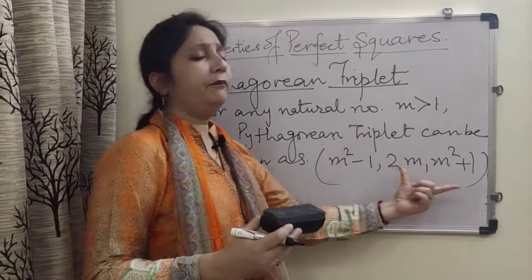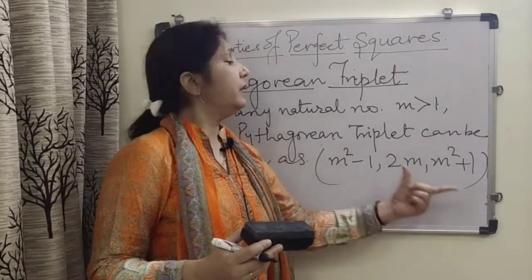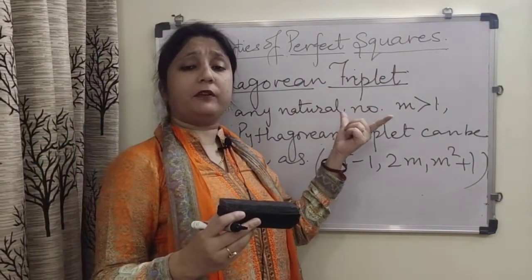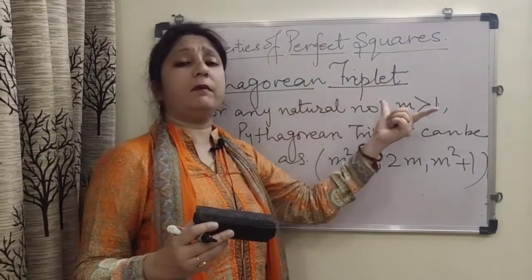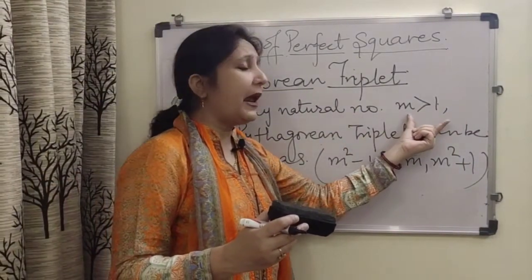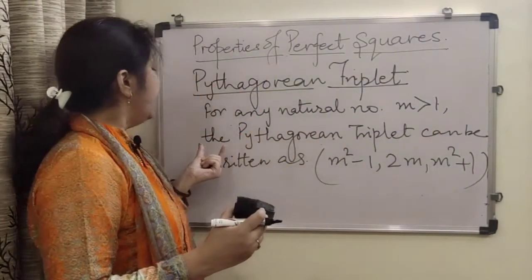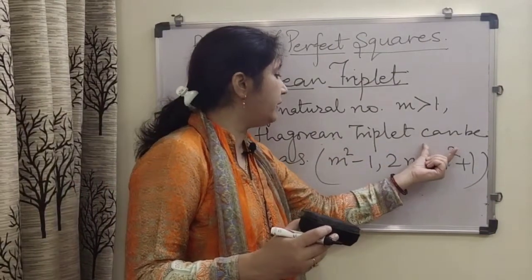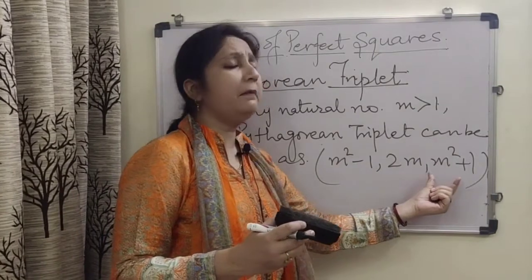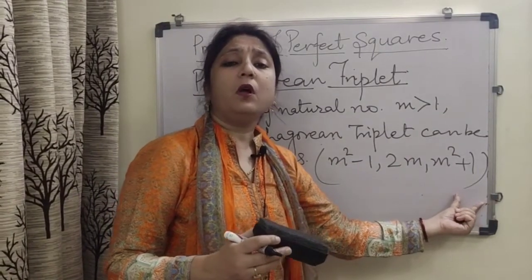This is the Pythagorean triplet. Children, see again the most important property of perfect squares, the Pythagorean triplet. For any natural number m greater than 1, the Pythagorean triplet can be written as m square minus 1, 2m, m square plus 1.